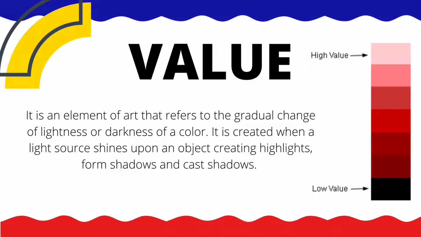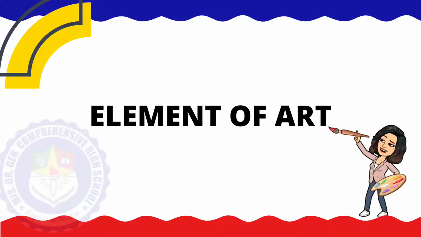It is created when a light source shines upon an object, creating highlights, form shadows, and cast shadows. Colors can have value too. In painting, value changes can be achieved by adding either black or white to the chosen color.